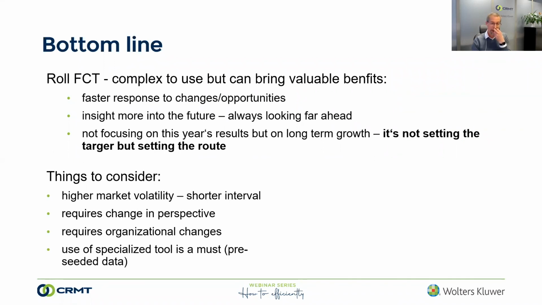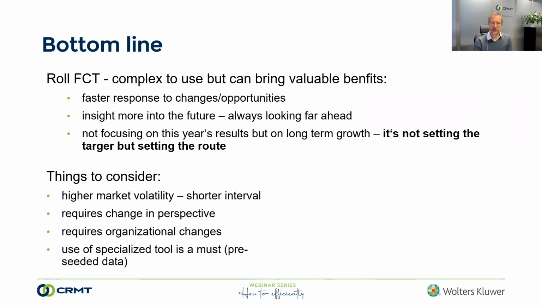Yeah, when creating a rolling forecast, there are a couple of things you need to consider. The higher the market volatility, so many changes on the market outside, the shorter the interval should be for the rolling forecast. Starting a rolling forecast usually requires a change in perspective from the time perspective, so how much time we are considering in preparing the rolling forecast. And it requires organizational changes.